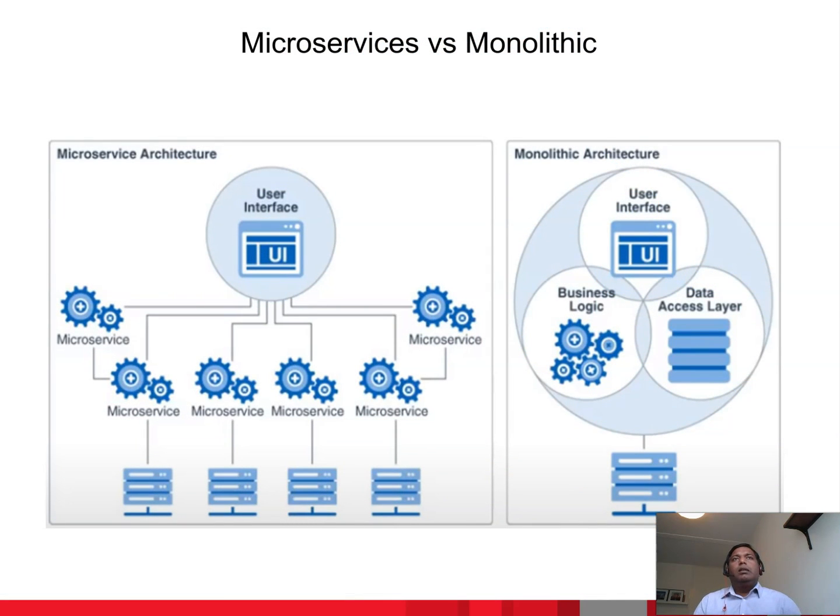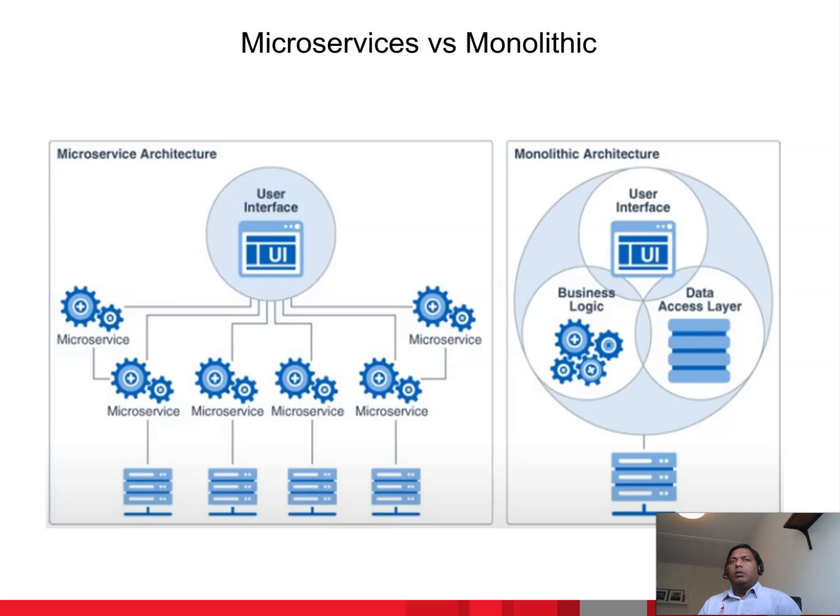If we look at the difference between the microservices and the monolithic architecture, this is a clear difference between both architectures. We can see each microservice is independent of the others and contains its own database, and each microservice can also have its own language or technology. It is isolated.